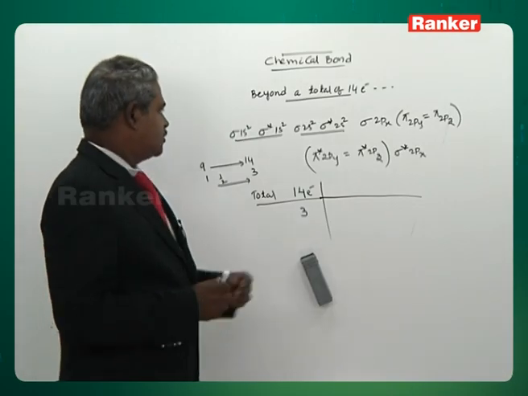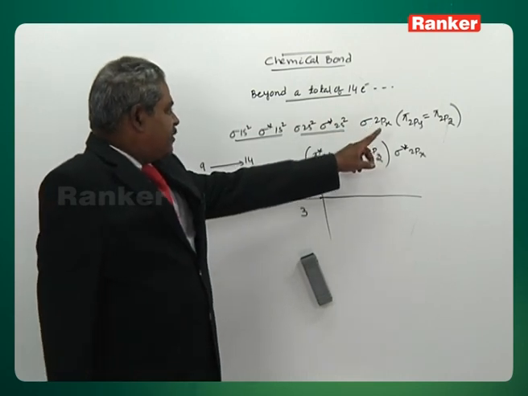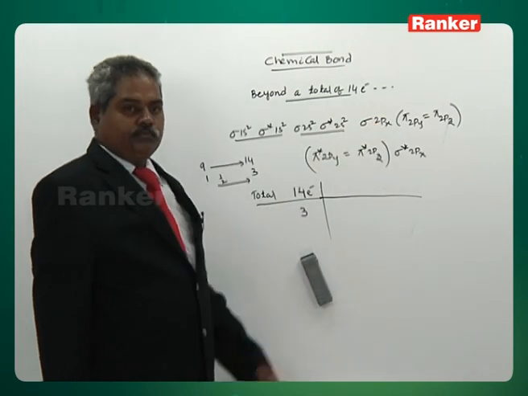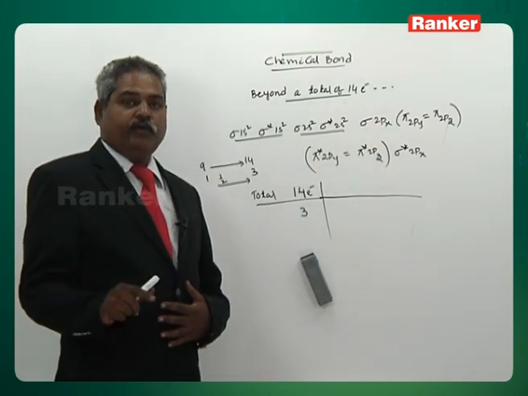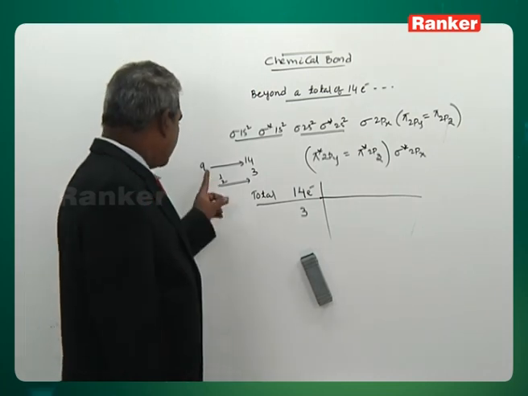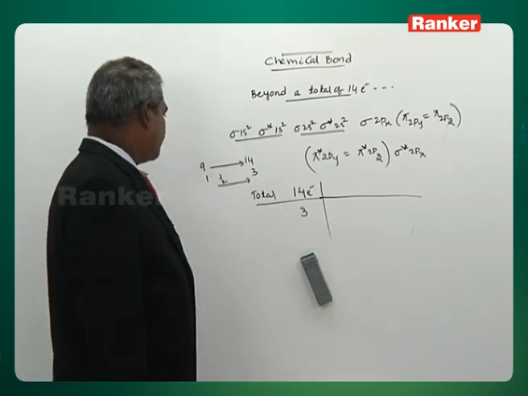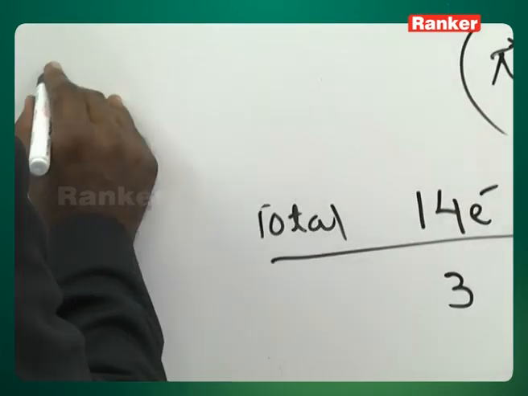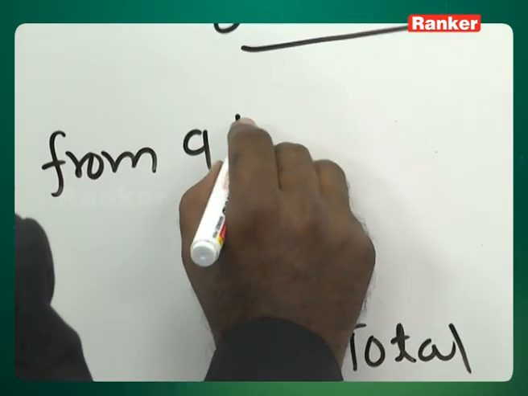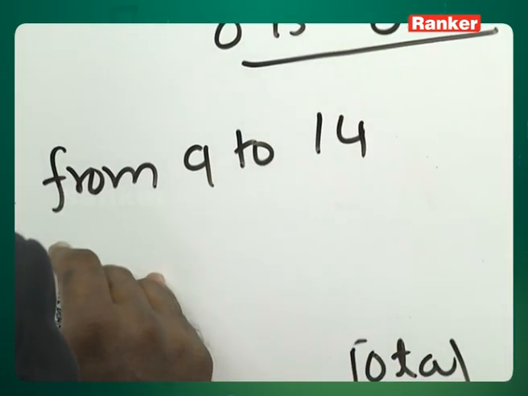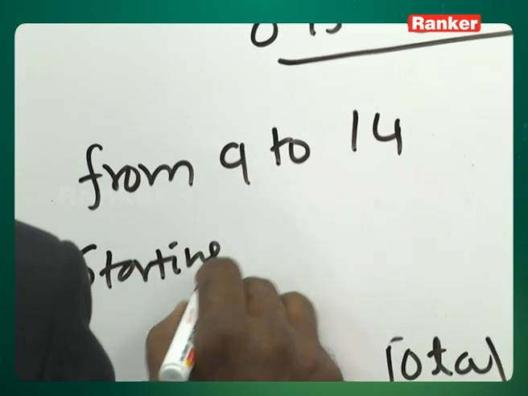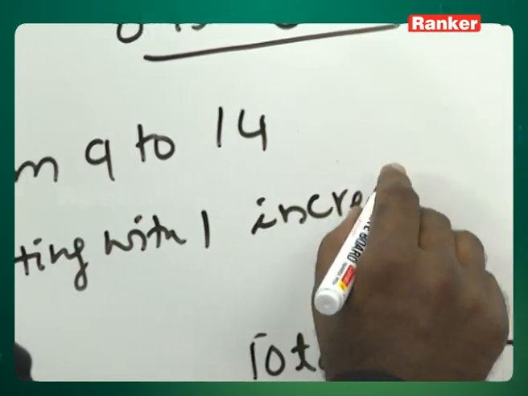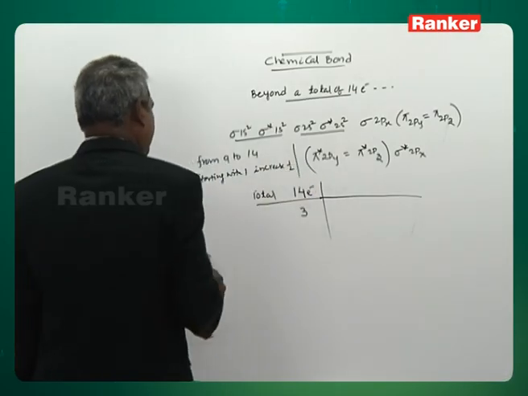So, 9 electrons, half; 10, 1; 11, 1.5; 12, 2; 13, 2.5; 14, 3. So, for every 1 electron, increase the bond order by half from 9 to 14, until you get 3.